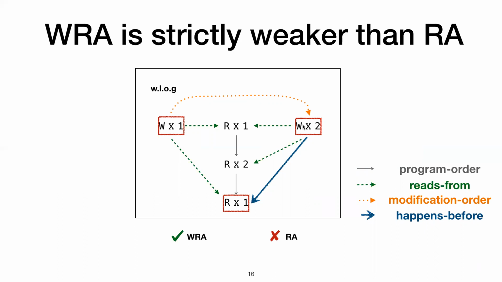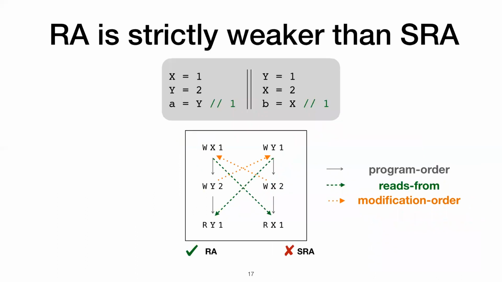So this shows that weak RA is strictly weaker than RA. There are examples that I'll skip because they are a bit more complicated, showing that release acquire is strictly weaker than strong release acquire. This is again not the same model, and we have these three variants.